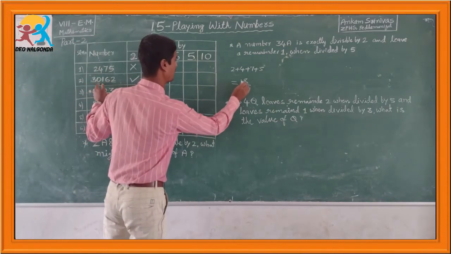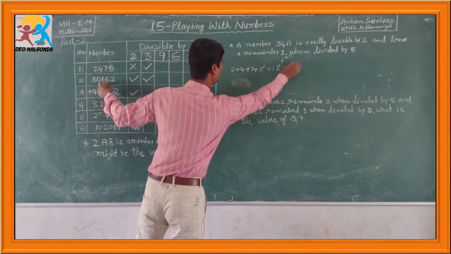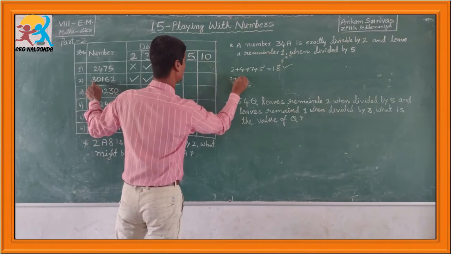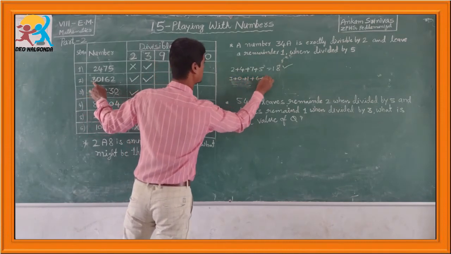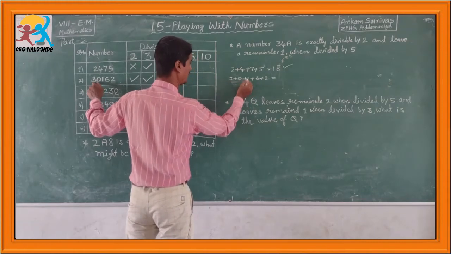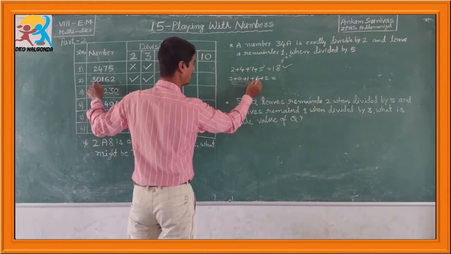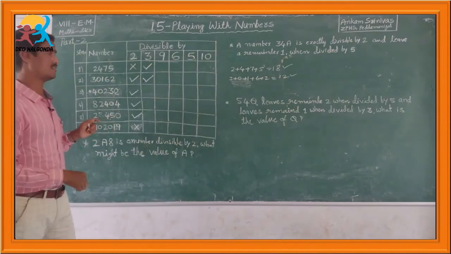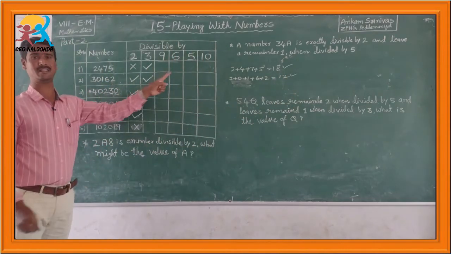Simply see, children, here 18 is divisible by 3, so the given number is also divisible by 3. Here 3 plus 0 plus 1 plus 6 plus 2. So we got 3, 4, 10, 12. 7 comes in the 3 table. So the given number is also divisible by 3.